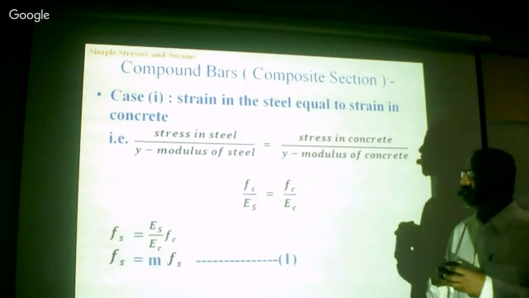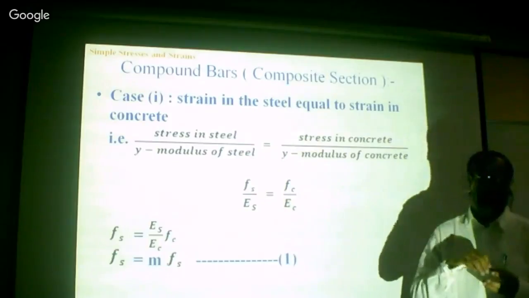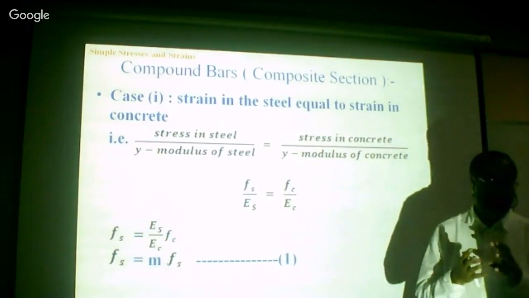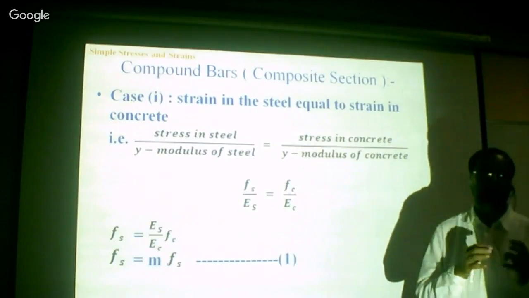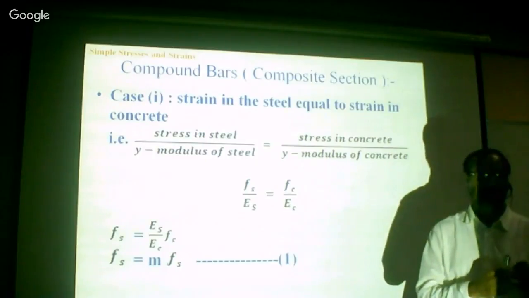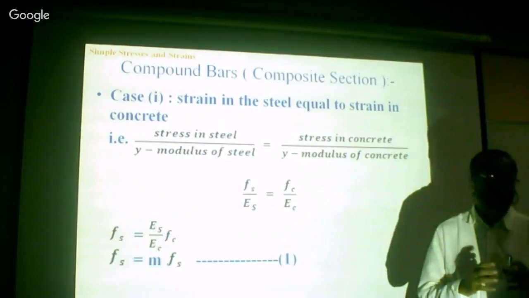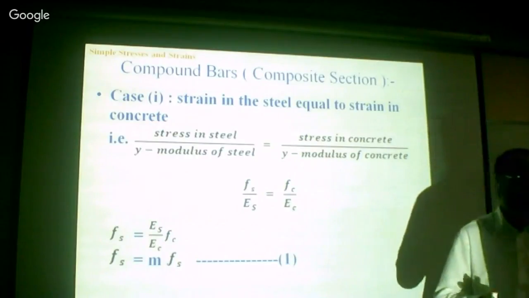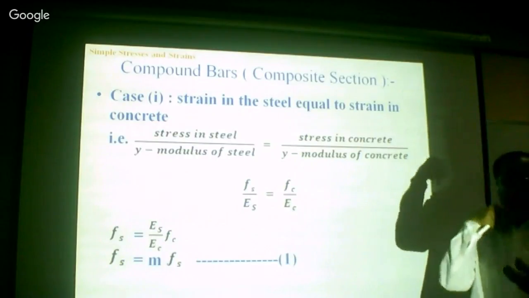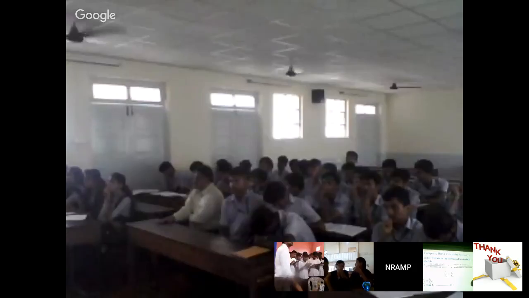We have to understand how they behave against the force, how to differentiate between the materials, and which material will receive how much load, because all the materials are not the same. Young's modulus is different for different materials. They are combined together, so how do they behave? What is the stress induced in the different materials?